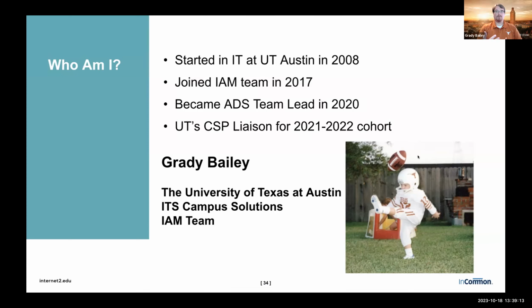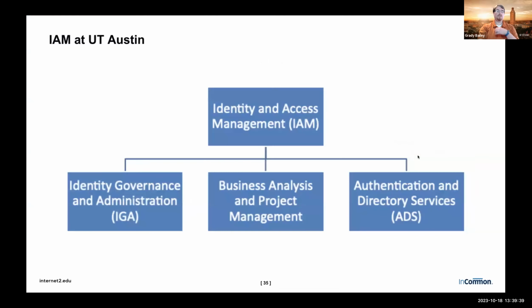I was the liaison between our team and the CSP, and I facilitated the communication between our groups on campus and who wanted to participate in the CSP. That wasn't my first foray into the InCommon community, but it was probably what led me here today, honestly.